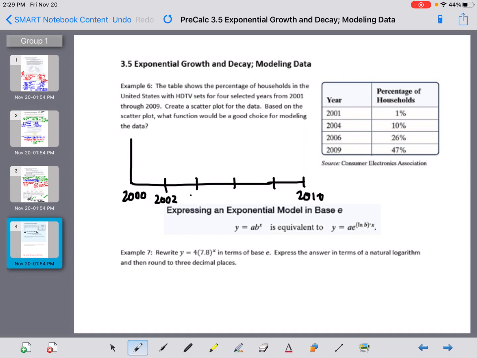I think that's what I'm doing here, trying to kind of space it out evenly, right? All right, and now what's our percentage? It goes up as high as 50%, right? So 0, 10, 20, 30, 40, 50. I might not be spaced quite evenly, but it's close enough.